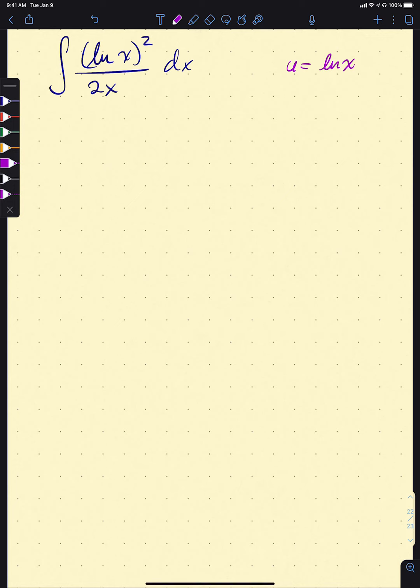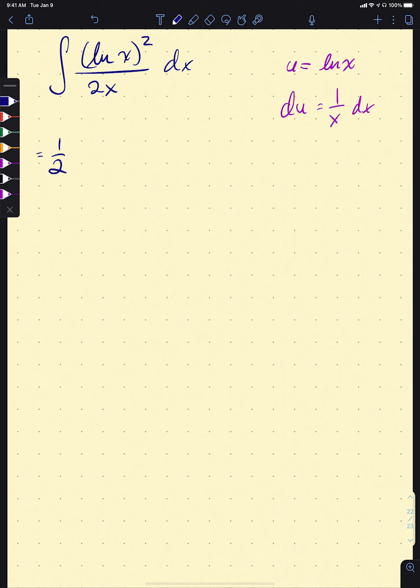Which then means, right, that du is going to be 1 over x dx, right? Because the derivative of the natural log of x is 1 over x. And so du is 1 over x dx. And let's start to look for how we can make our substitutions, right?